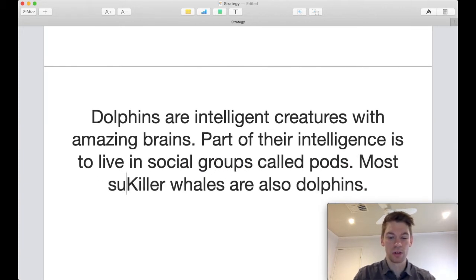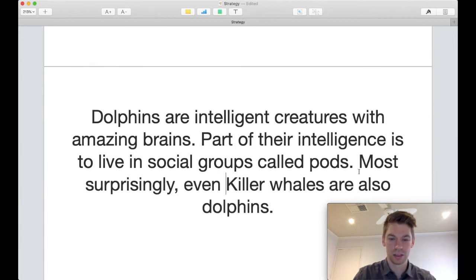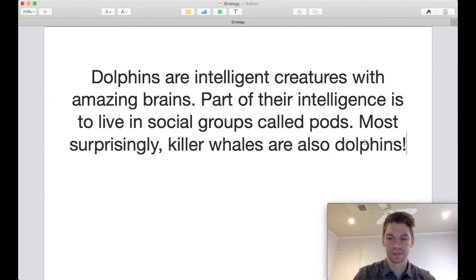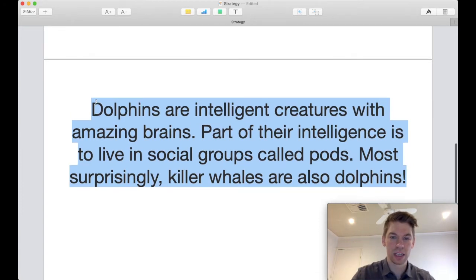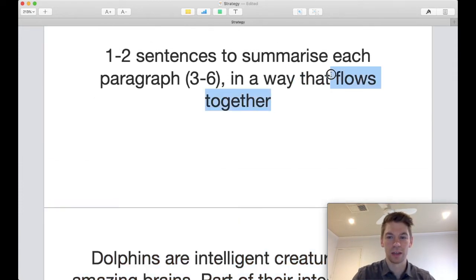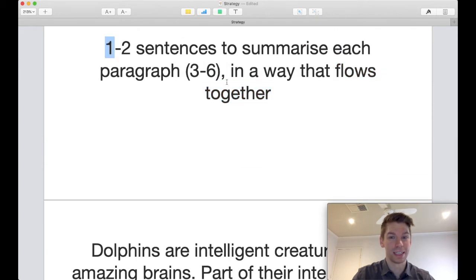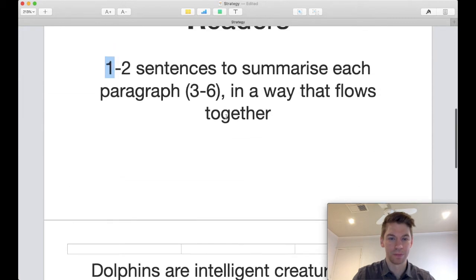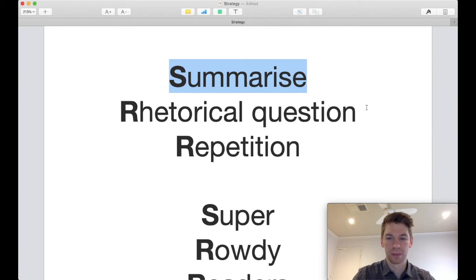And then you could say, most surprisingly, even killer whales are also dolphins. That would be an okay summary of the 3 paragraphs that flows together fairly well. I've got the bare minimum. I've only got 1 sentence per paragraph, so you could definitely expand that out, but that's just a quick example. That's how you create super rowdy readers with a summary.